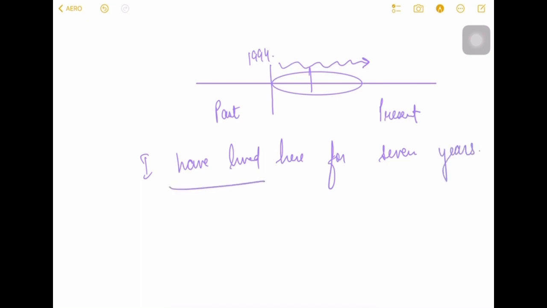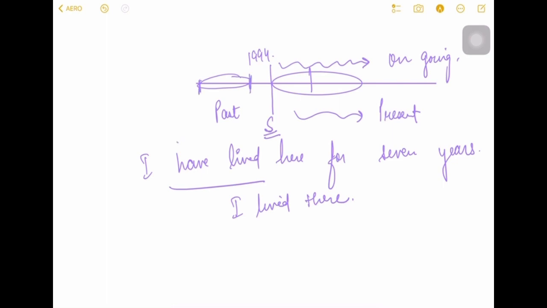That you have lived here; this event started in the past but is ongoing. So that's the difference. When I say I lived there, the sentence is in the past: the event started and ended. But when I say have lived, it means I am still living in the same place.